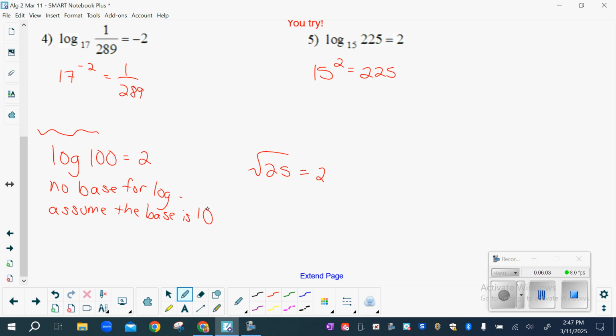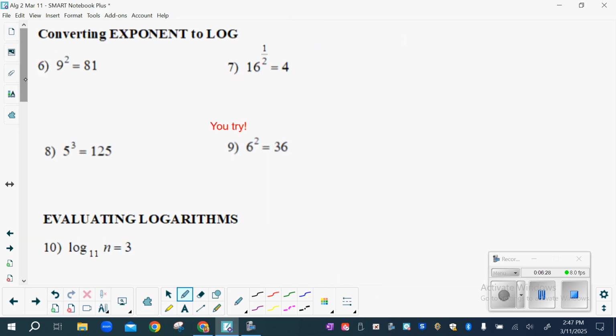Okay, on to going the other direction. We want to take 9 squared equals 81, and we want to change that to log form.